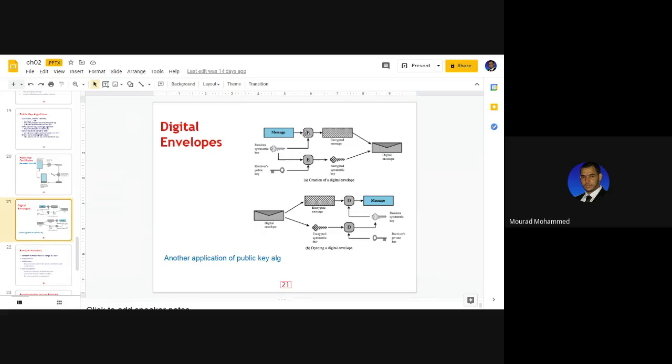This key is already used to encrypt the media to communicate. The encrypted key value plus the encrypted media value are gathered together in a digital value, nominated the digital envelope.